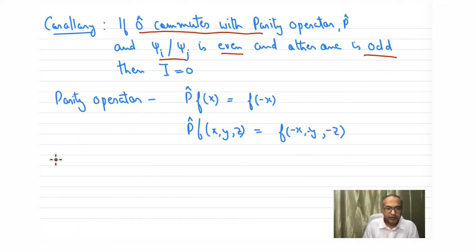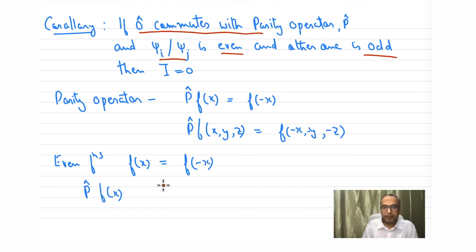Now let's apply parity on different types of functions, like even functions. For an even function, f(x) is equal to f(-x). So if we apply parity on an even function, it will be f(-x), which will be f(x), right?